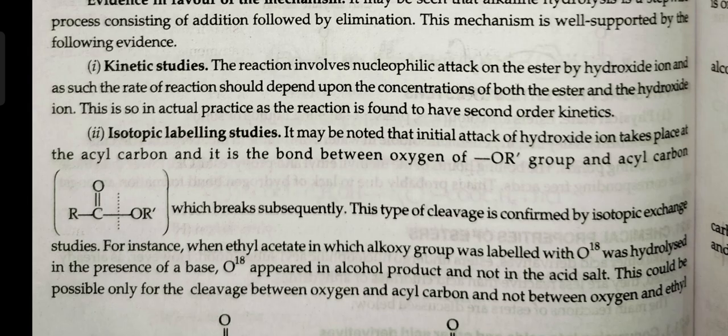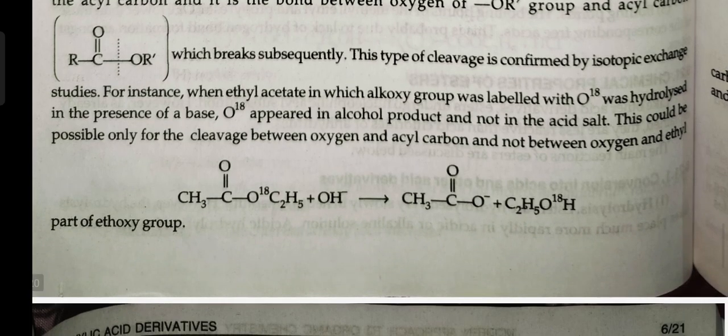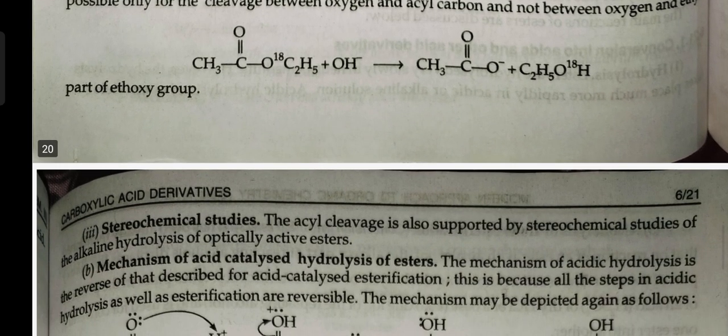For instance, when ethyl acetate, in which the alkoxy group is labeled with O18, was hydrolyzed in presence of a base, O18 appears in the alcohol product and not in the acid salt. This would be possible only for cleavage between oxygen and acyl carbon, and not between oxygen and the ethyl part of the ethoxy group.